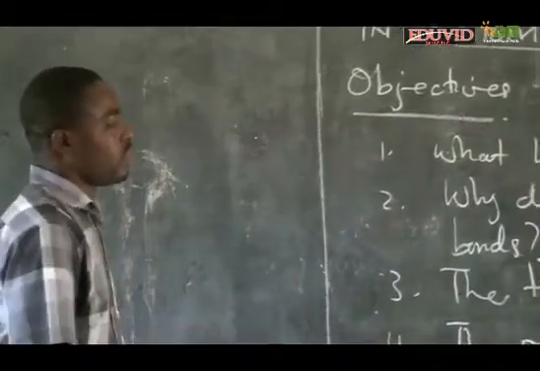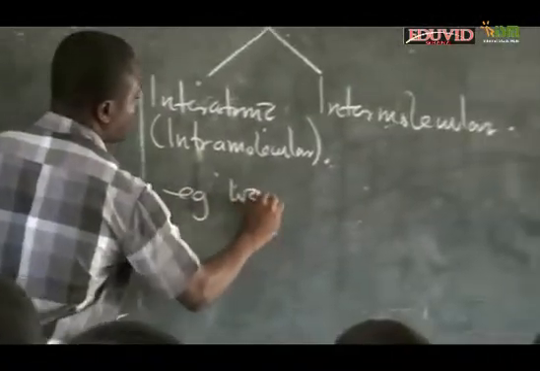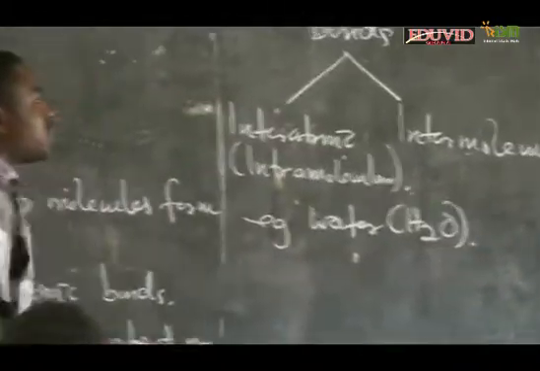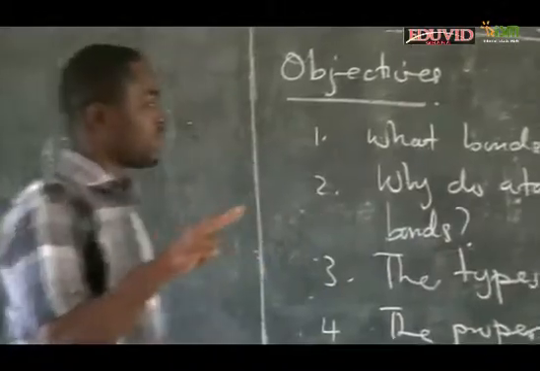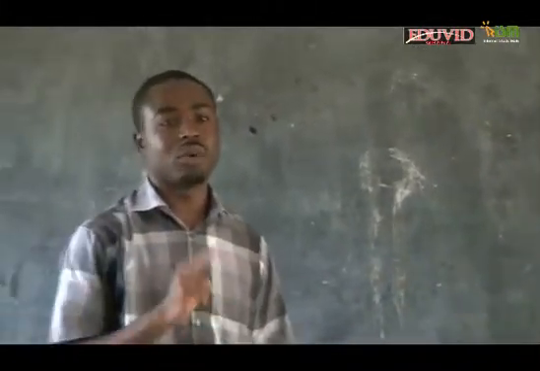Now, for example, if I have a substance, let's say water. How is water formed? Water is formed when you have two hydrogen atoms combining with one oxygen atom. That gives a water molecule.